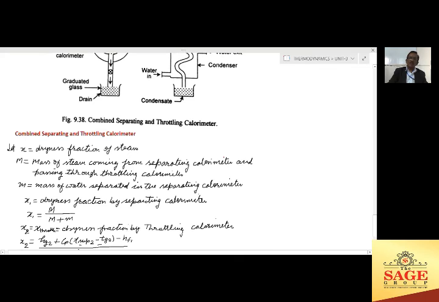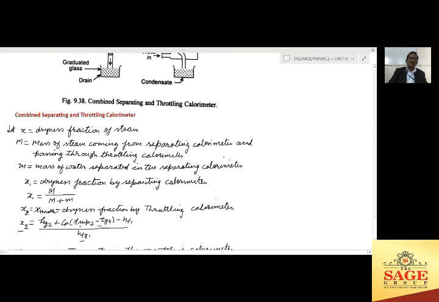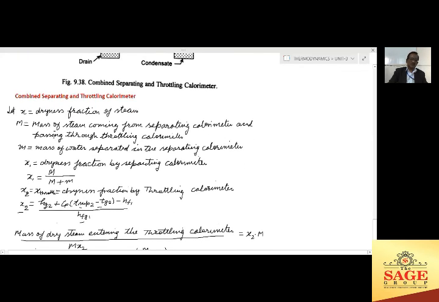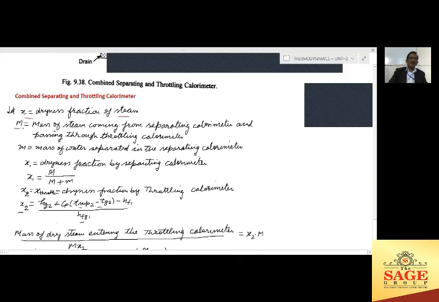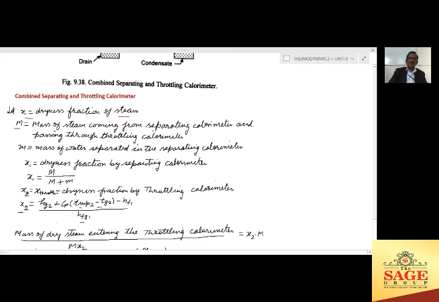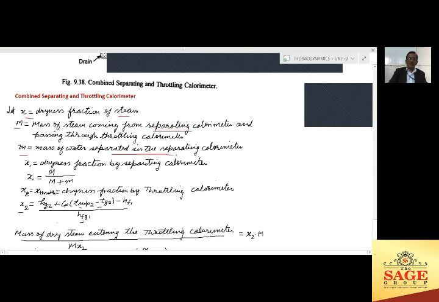So for both calorimeters, we find the dryness fraction. Suppose X is the dryness fraction of the steam, then let capital M be the mass of steam coming from the separating calorimeter, and small m the mass of water separated in the separating calorimeter.